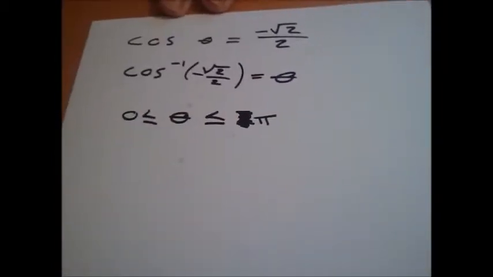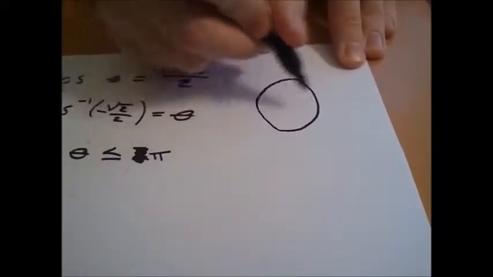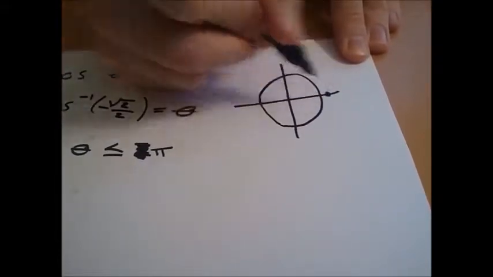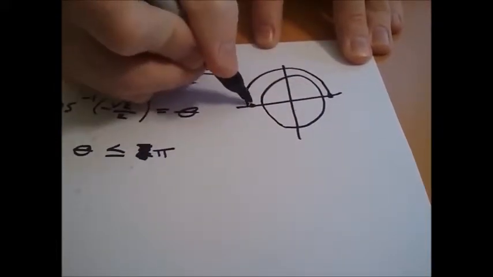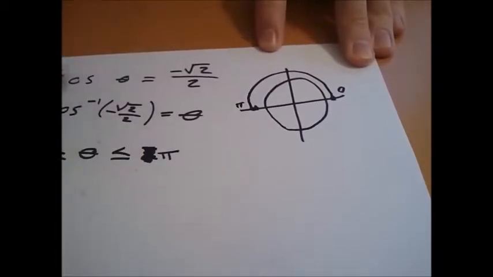It's got to be between 0 and pi. Graphically, this will look something like this. It's going to be somewhere on the top, because here is 0, here is pi.